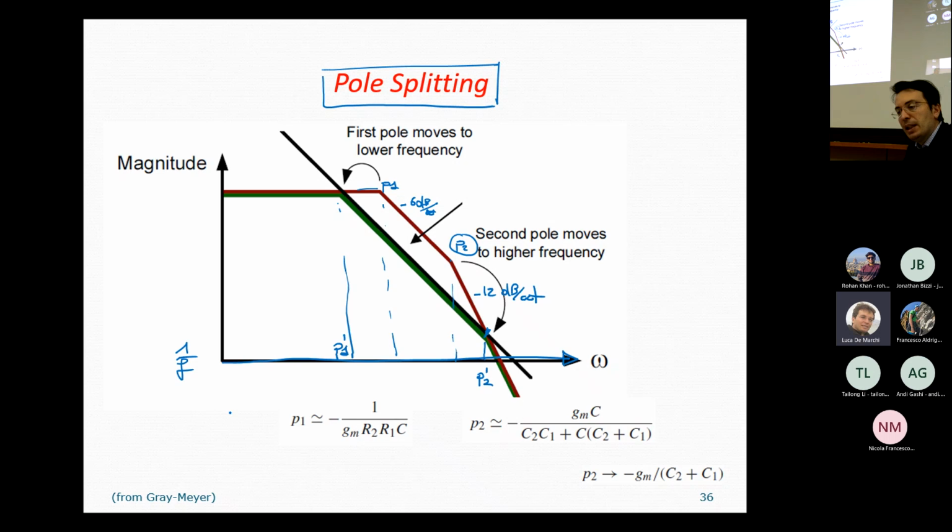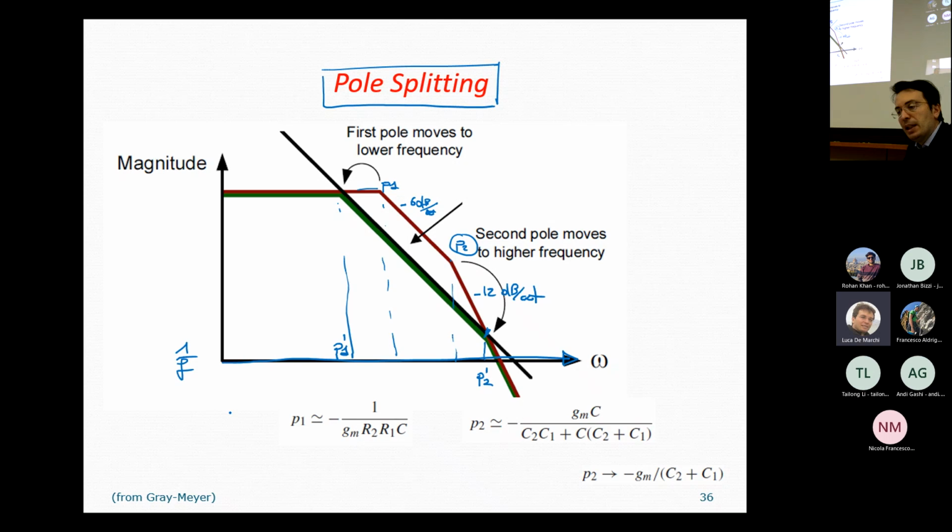The second pole tends to increase up to a certain point, up to the point in which the compensation capacitance is so large that the second pole depends just on C2 and C1, not anymore on the pure C value, the compensation capacitance. And the zero, you see, gets to even smaller values than the second pole when the compensation capacitance gets very large.